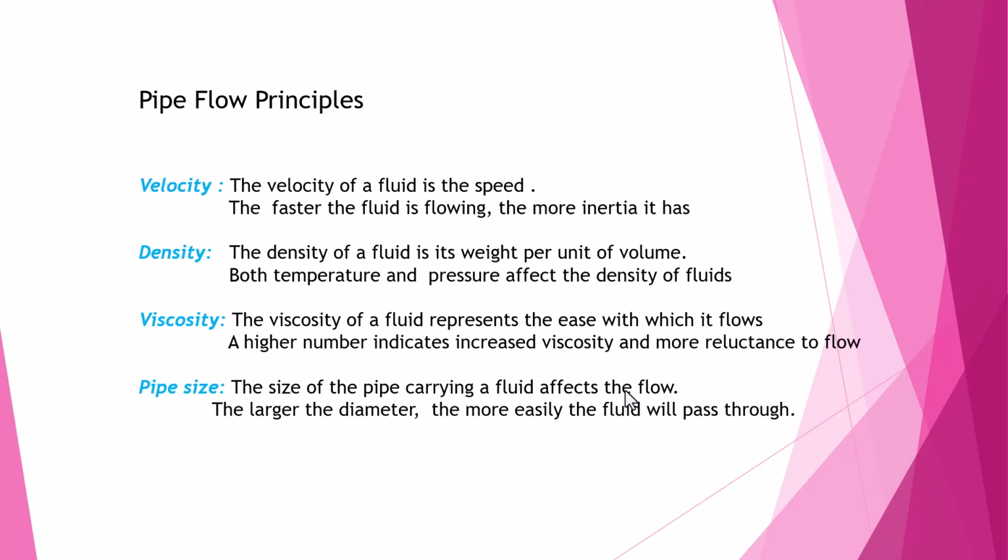A high viscosity number means it's moving slowly. Pipe size: the diameter of the pipe carrying a fluid affects the flow. The bigger the pipe, the more easily the flow passes.